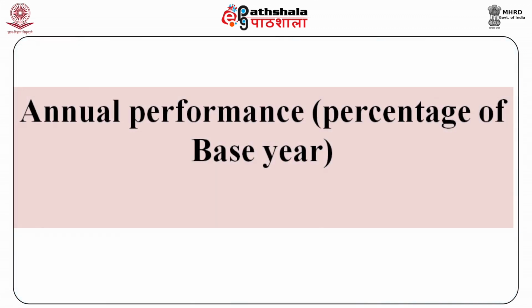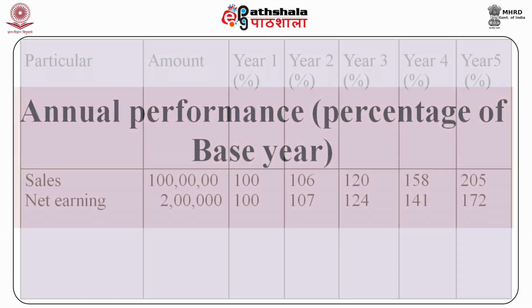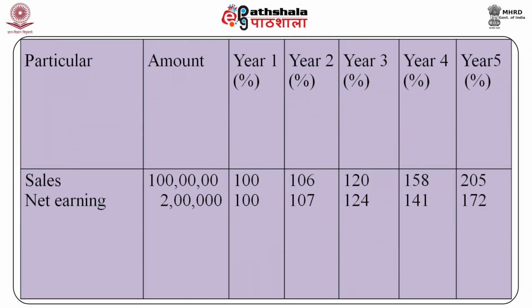Now we show this with the help of annual performance in percentage of base year. We have the sales with 10 lakh with year first of 100%, year second 106%, year third 120%, year fourth 158% and year fifth 205%.